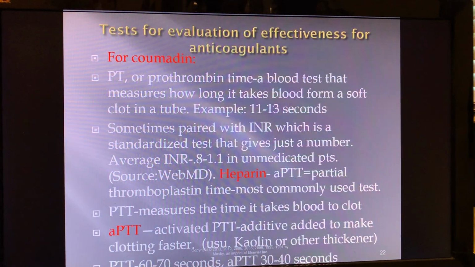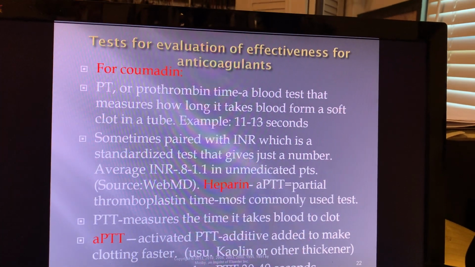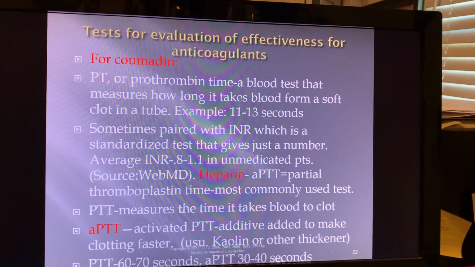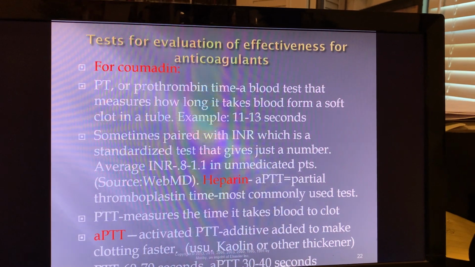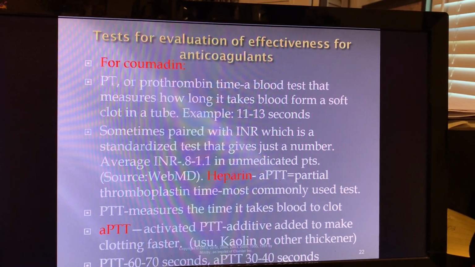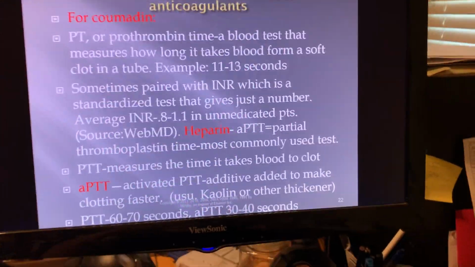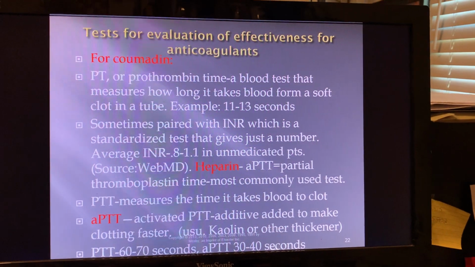Imagine you've got a tube, it's usually a red top tube, that doesn't have any additives in it. So there's nothing in that tube to change the length of time that it takes the clot to form. So the PT, or prothrombin time, is going to take kind of a low number of seconds to start clotting. Blood, when it's interrupted in its flow, starts clotting pretty quickly.